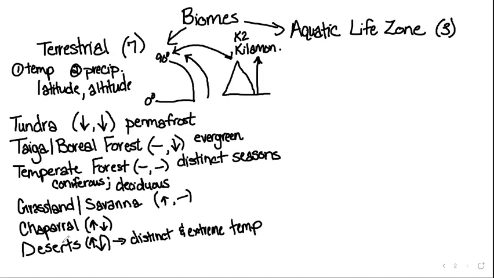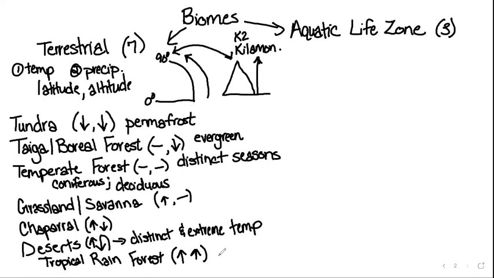Okay. And lastly, we have our tropical rainforests. You can have a tropical deciduous forest, but for the purposes of APES and the purposes of your exam, across the board, it is just a tropical rainforest. Okay. And we know that tropical rainforests have high temperatures and high precipitation.